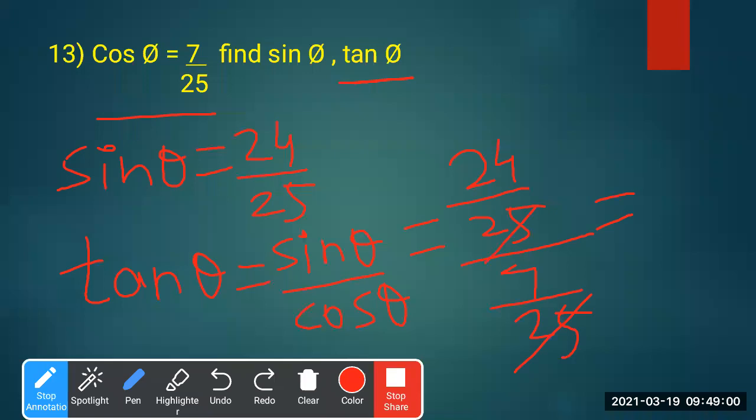The answer for tan theta will be what? 24 by 7. So this is how you can get the value of tan theta if they ask in the question. But for tan theta, you should know the value of the sine as well as the value of the cos.